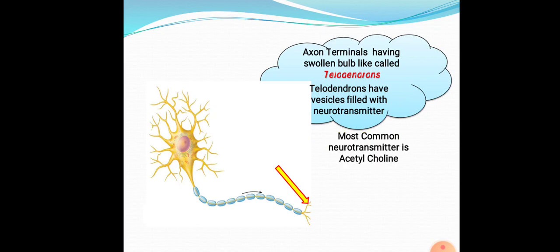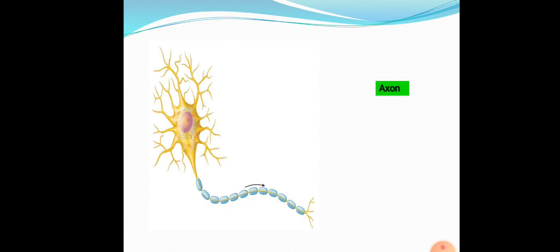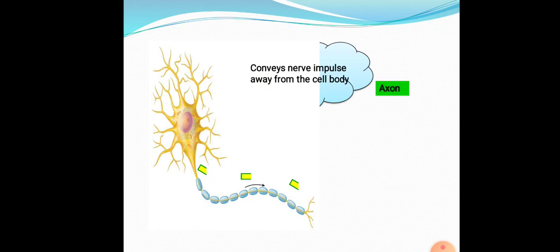The most common neurotransmitter is acetylcholine, which transfers the impulse to the next neuron. The axon conveys the nerve impulse away from the cell body towards the telodendronic region.